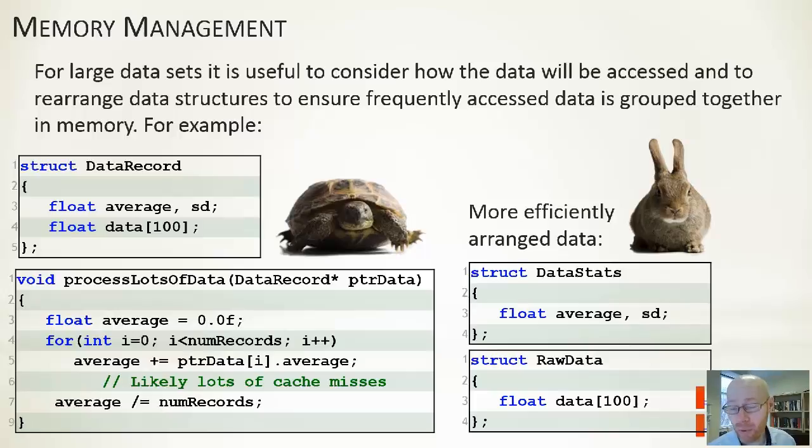If you wanted to improve this, the structure over on the right-hand side does so. There we have broken up the data record into two records. We will have one struct containing a lot of raw data, and we have one struct containing our data stats, the average and the standard deviation. Now, that enables us to untangle these two things.